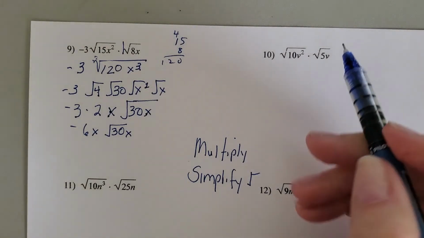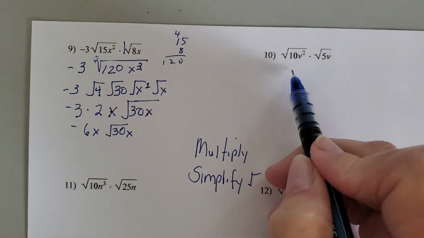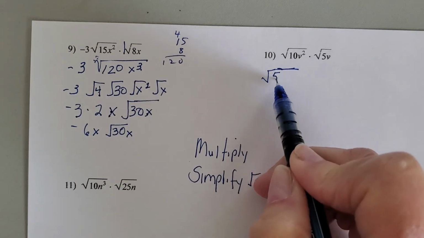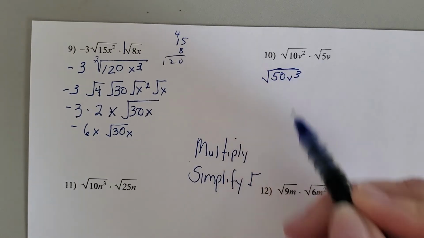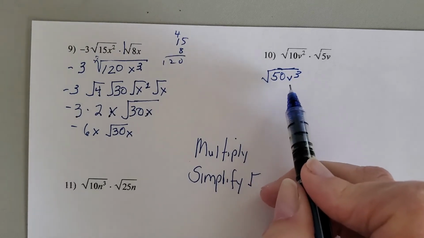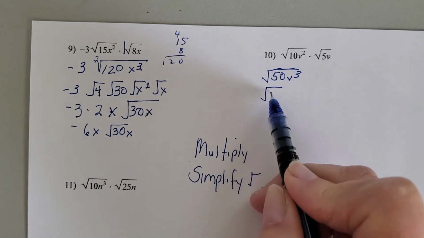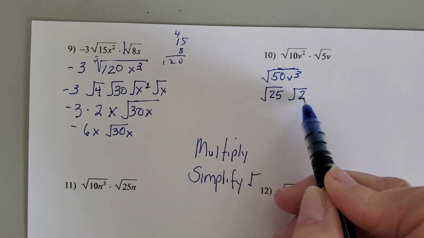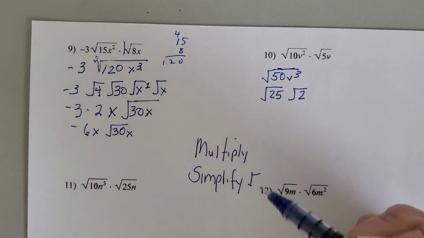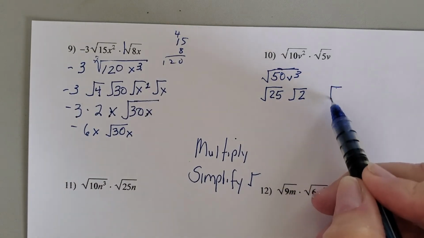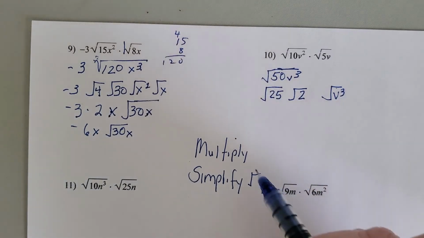All right, let's multiply here. We multiply everything in the radical sign. We get 50v to the third. We need to see if we can simplify any of that. 50 we can factor to 25 times 2, right? Radical 25 times radical 2 is radical 50. And let's try this one this way. Let's leave v to the third.